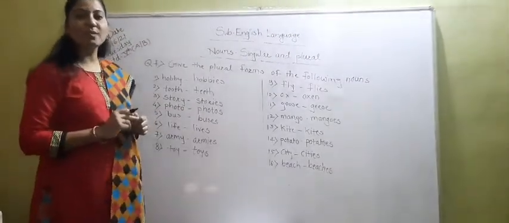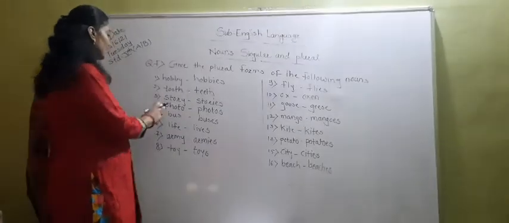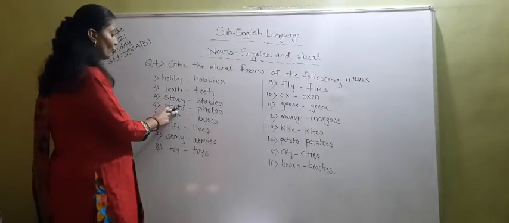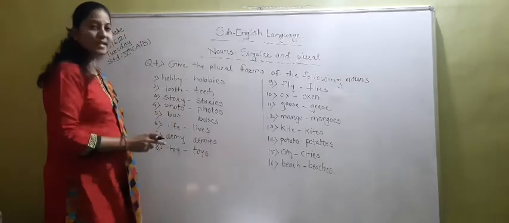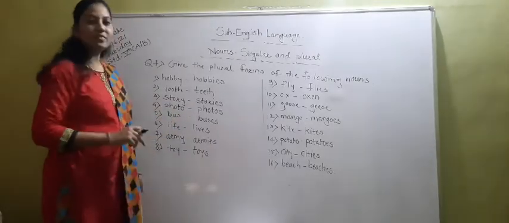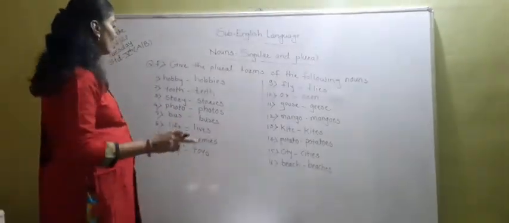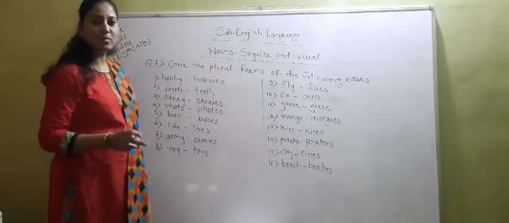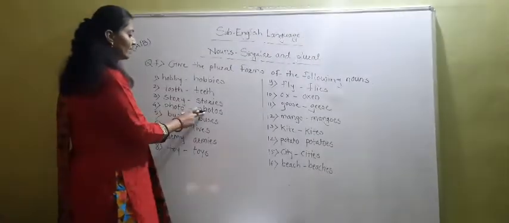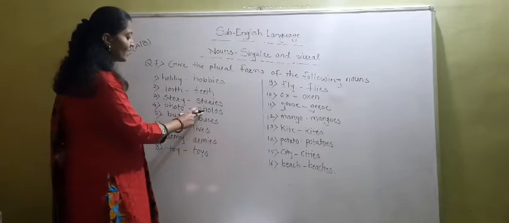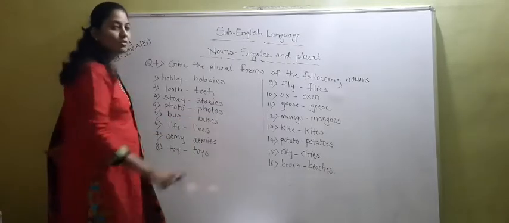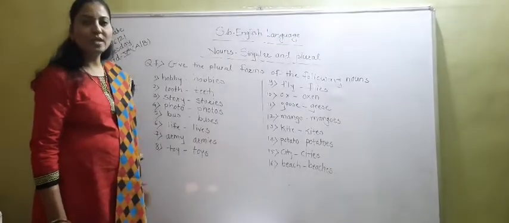Now students, please pay attention to this word photo, P-H-O-T-O. When we are writing the plural of photo, at that time you have to write down the spelling P-H-O-T-O-S, not P-H-O-T-O-E-S.